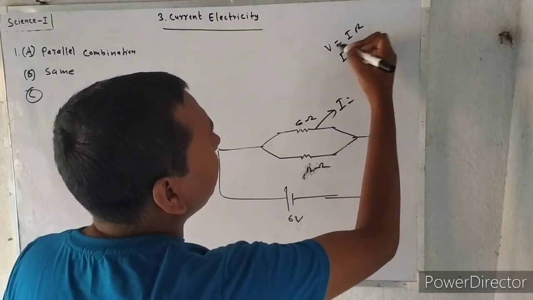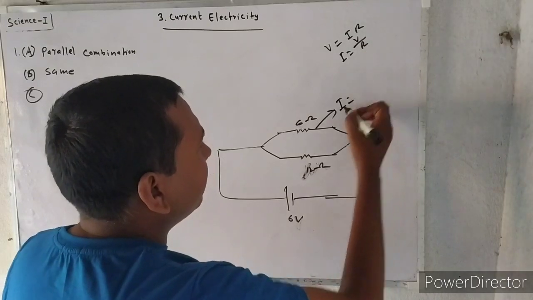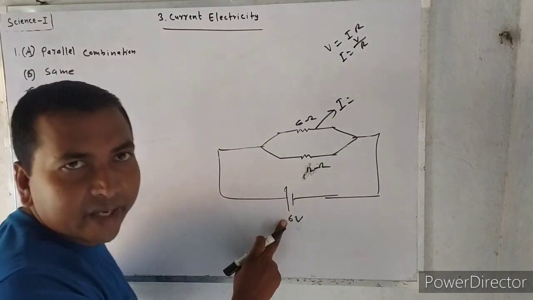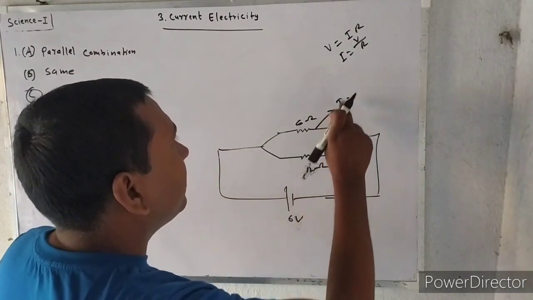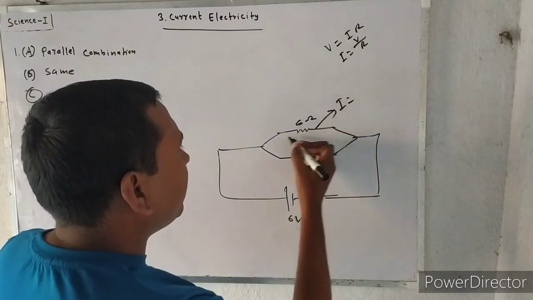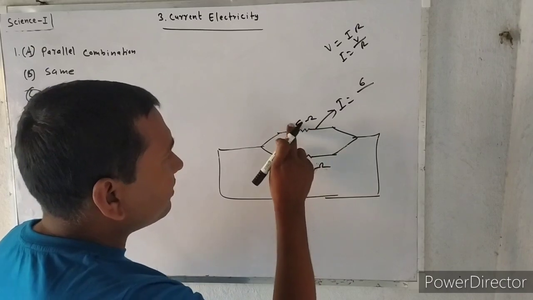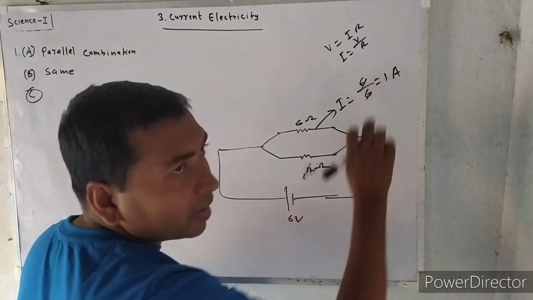Therefore, I will be equal to V upon R. Both are in parallel, and in parallel the potential difference or voltage remains the same. Here V is 6, and R is 6, so I equals 1 ampere.